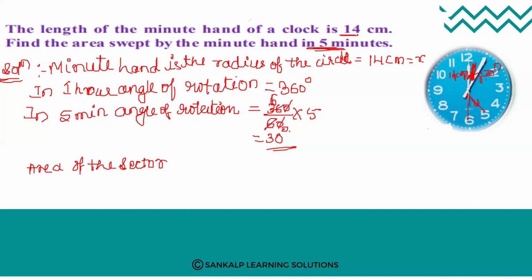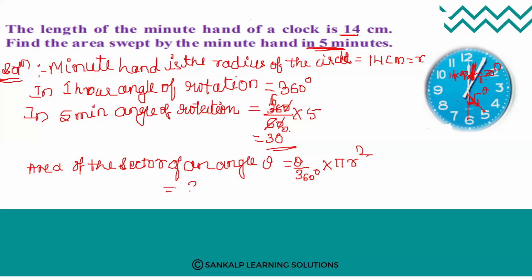And R they have given, that is 14 centimeter. So the area of the sector of an angle theta is theta divided by 360 degree into pi r square, right?